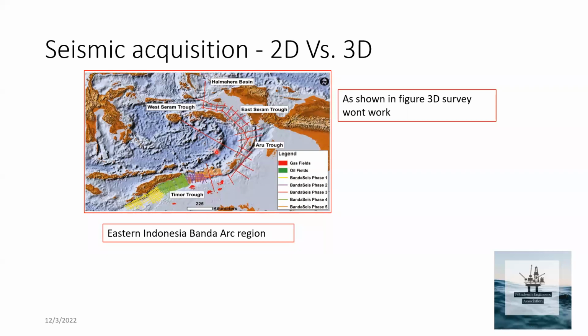The nature and the topography of the area make it very hard, so the only way to acquire seismic data here is using 2D lines. That's one of the advantages of 2D lines. In some areas it's impossible or difficult, and very costly, to acquire 3D seismic.